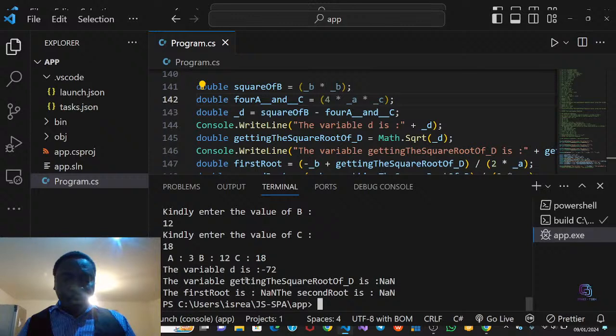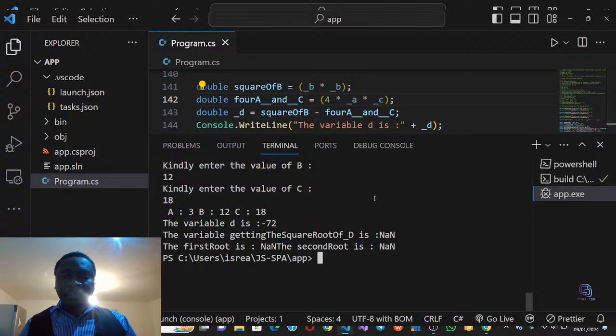The variable getting the square root of d is not a number. So why? Because of what we have in the variable d. I think we should get a good example of square root that we can use. Let me see.